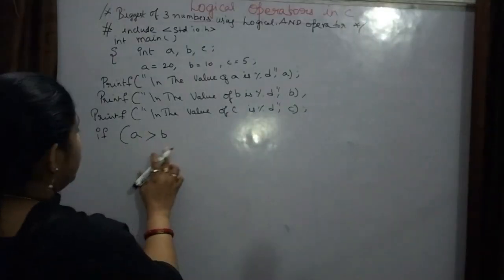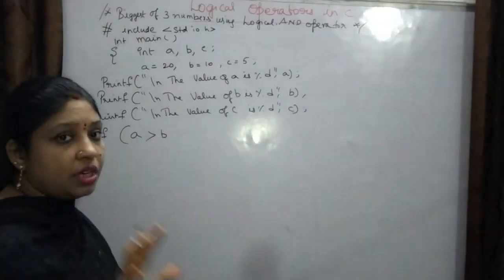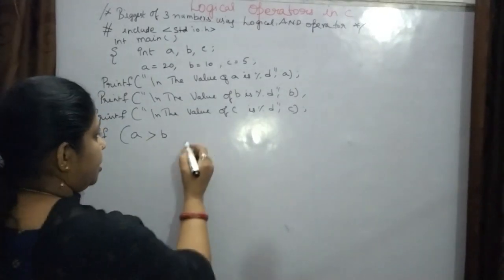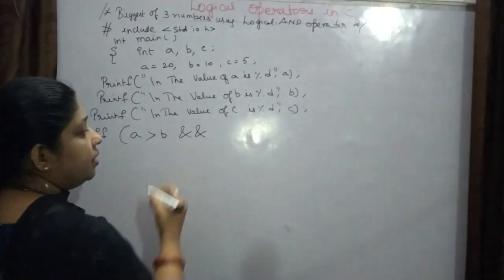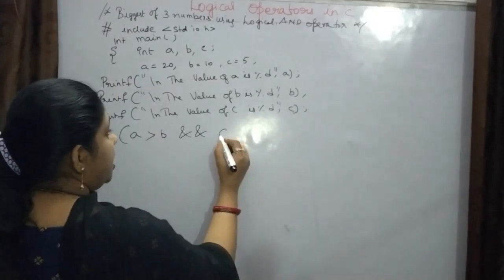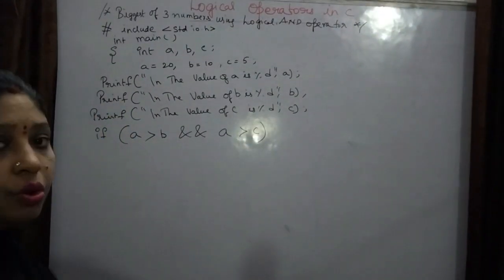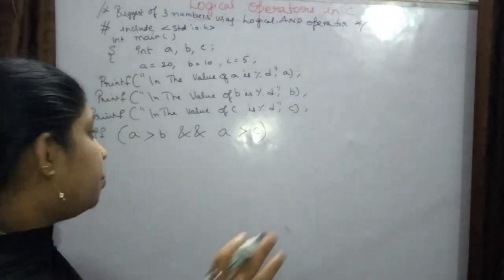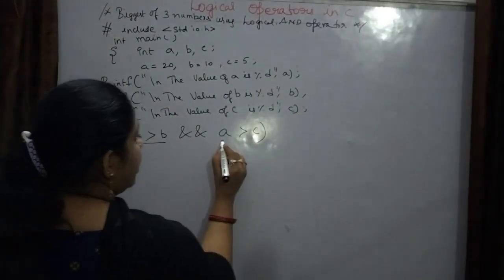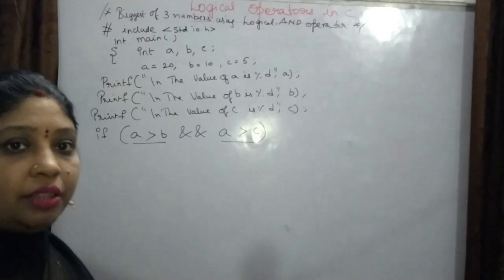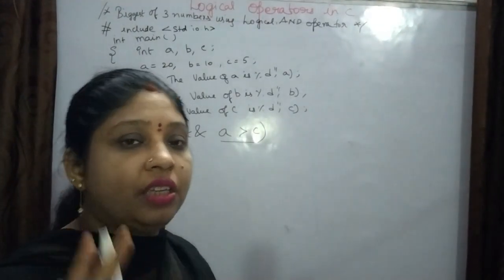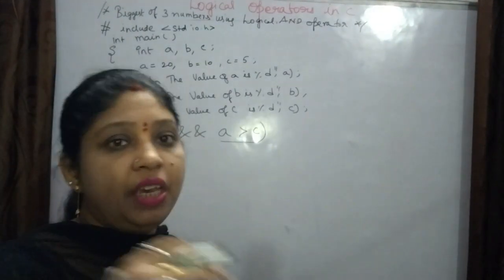Now if a is greater than b, I am using the logical AND operator here, so ampersand ampersand, a is greater than c also. That means it has to satisfy both conditions, this condition as well as this condition. Then only you will say a is greater than b and c.